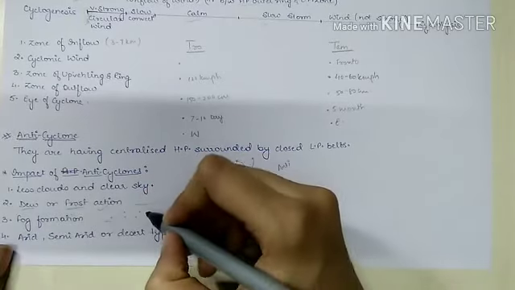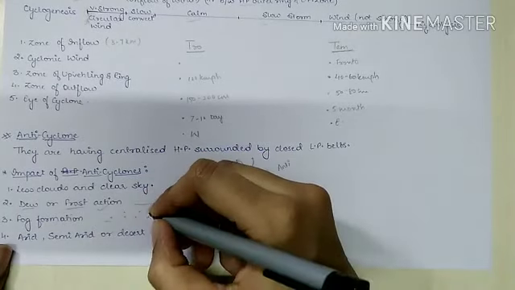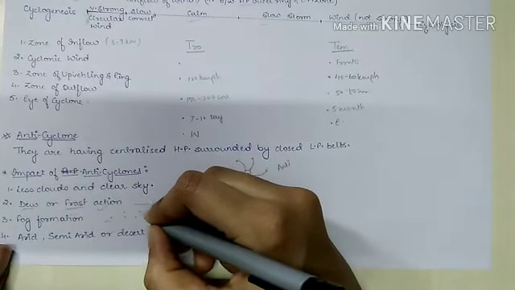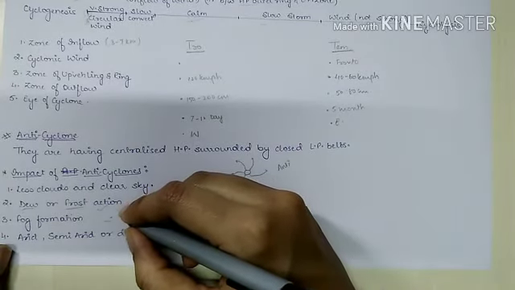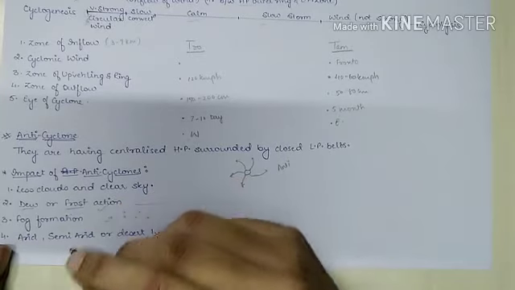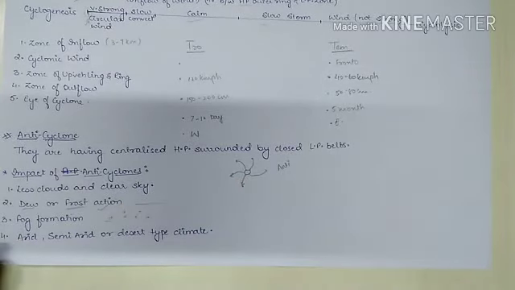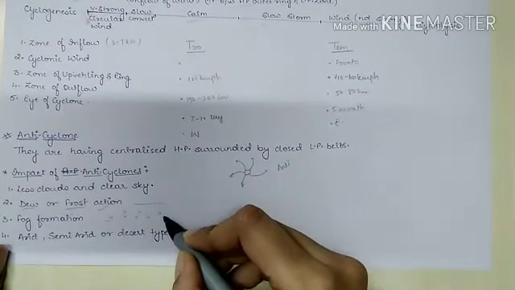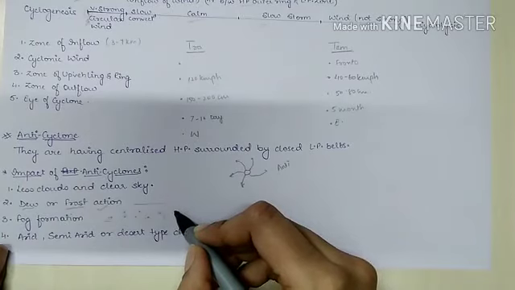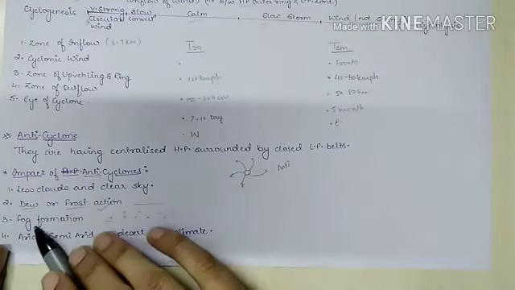Over these dust particles, small water vapors will condense, and they decrease horizontal visibility to up to 1 kilometer. This type of atmospheric condition is known as fog.